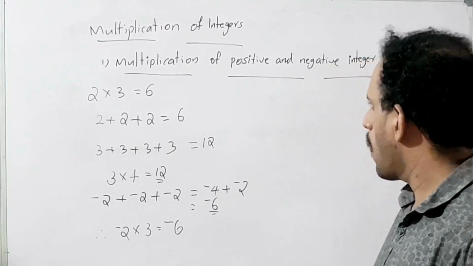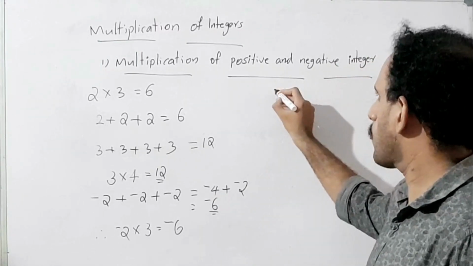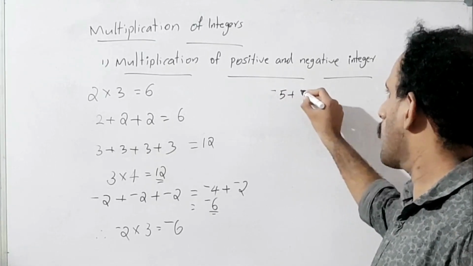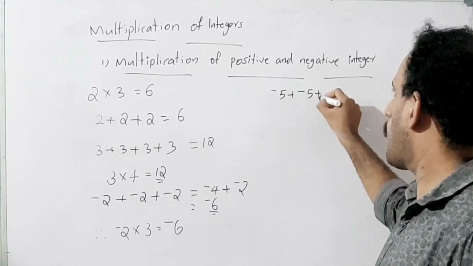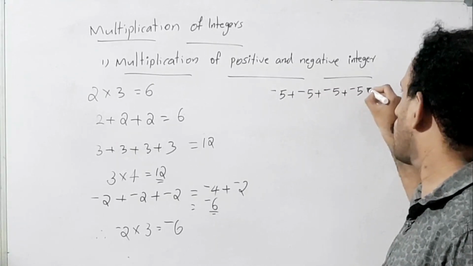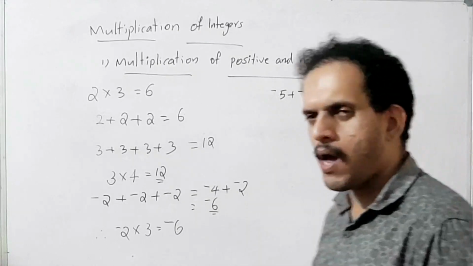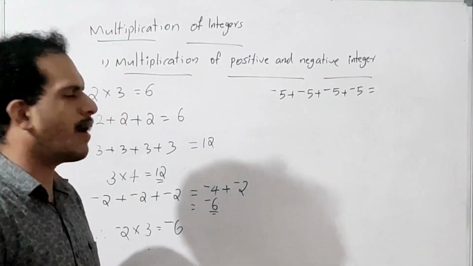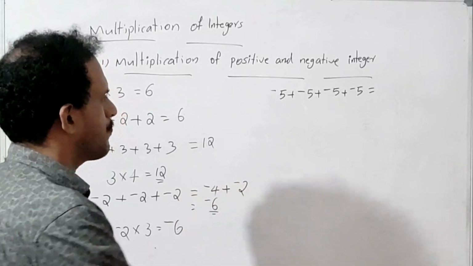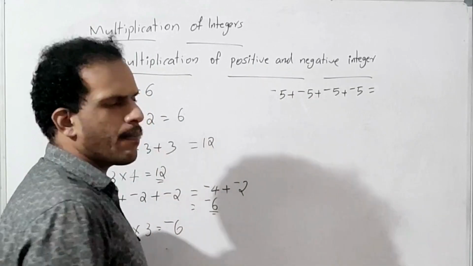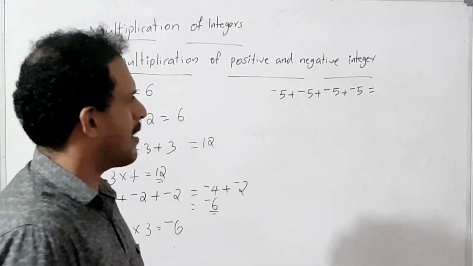Then my question: how do we represent minus 5 plus minus 5 plus minus 5 plus minus 5? What is the answer? The 4 times we add minus 5. So we add like this. First, both are negative, so we add the numbers: 5 plus 5 is 10.